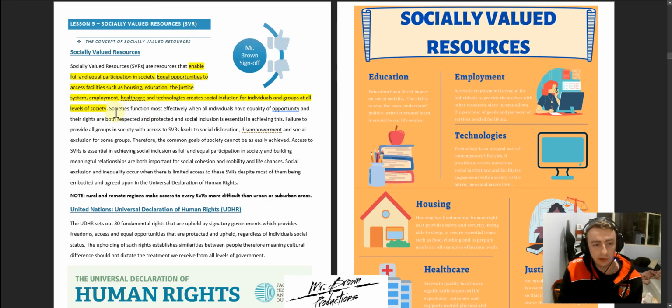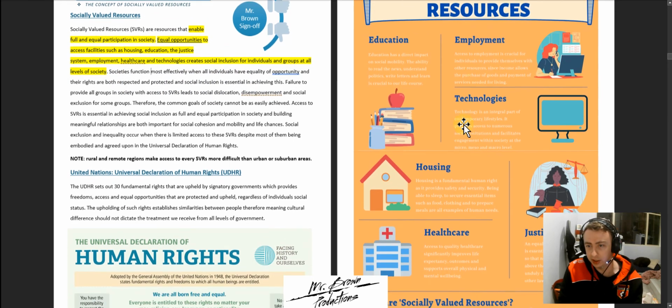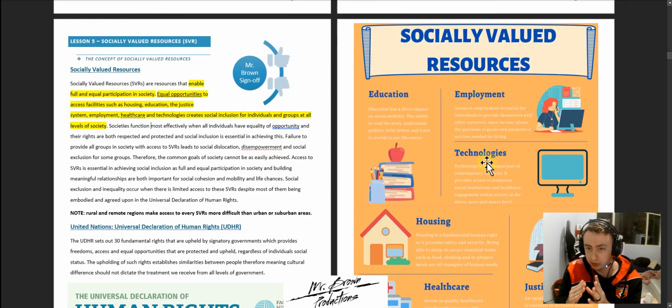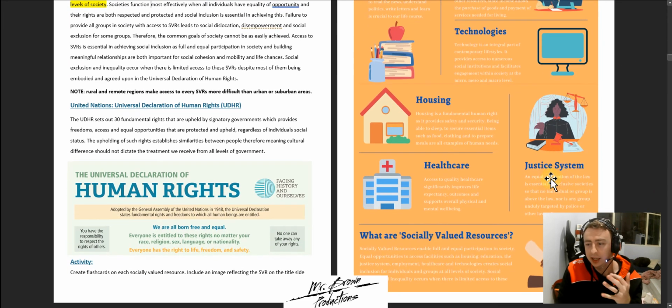Anyway, continue on. Societies function most effectively when all individuals have equality of opportunity and their rights are both respected and protected, and social inclusion is essential in achieving this. So across these areas within society is where people will experience either inclusion or exclusion in areas of education, employment, technologies, housing, healthcare, and the justice system.